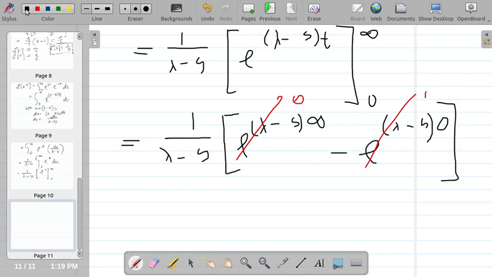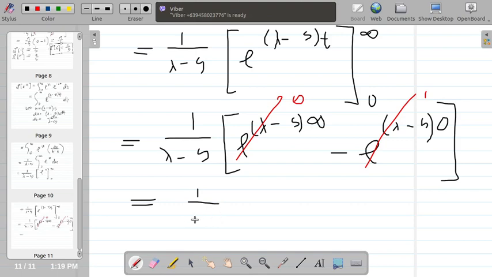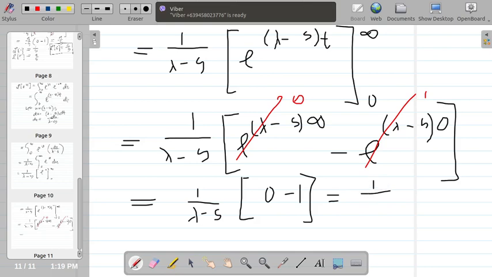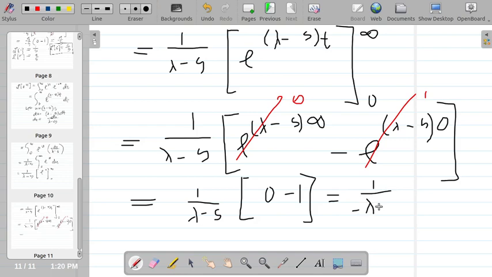So 1 over lambda minus s multiplied by 0 minus 1 is equal to 1 over negative lambda plus s, or we can rewrite this as F of s is equal to 1 over s minus lambda.